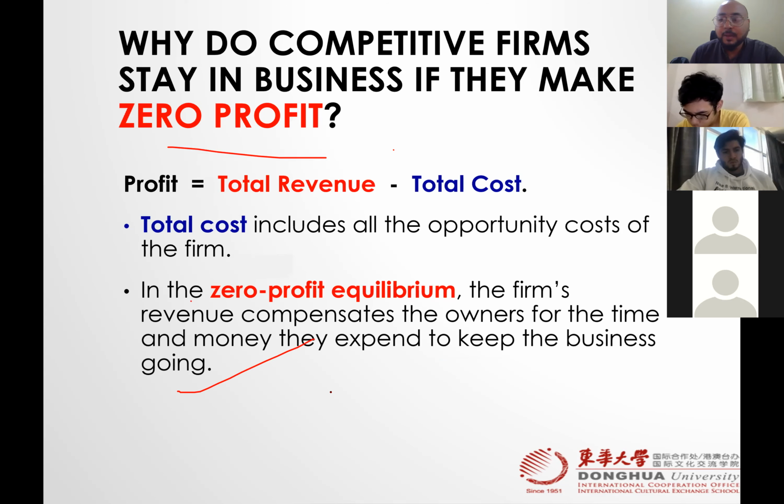It means they would be earning accounting profit, but not economic profit, which accounts for implicit cost, meaning the opportunity cost. They could have worked somewhere else and earned money, or the time they invested heavily in the company to make it a rock star or morning star.